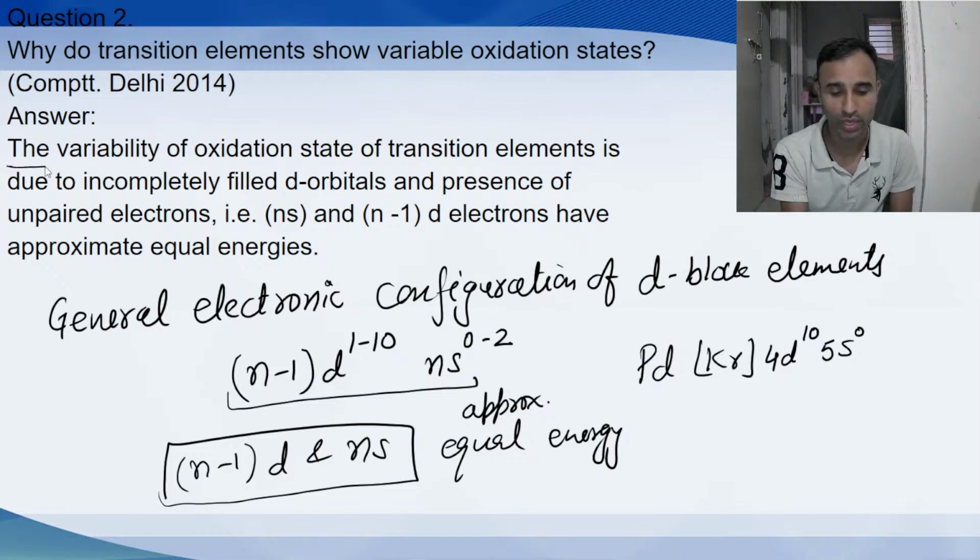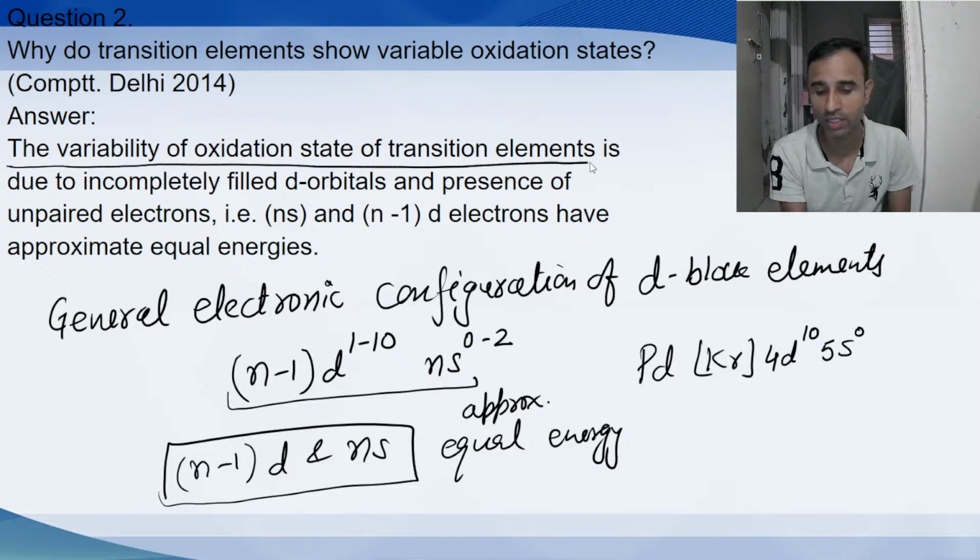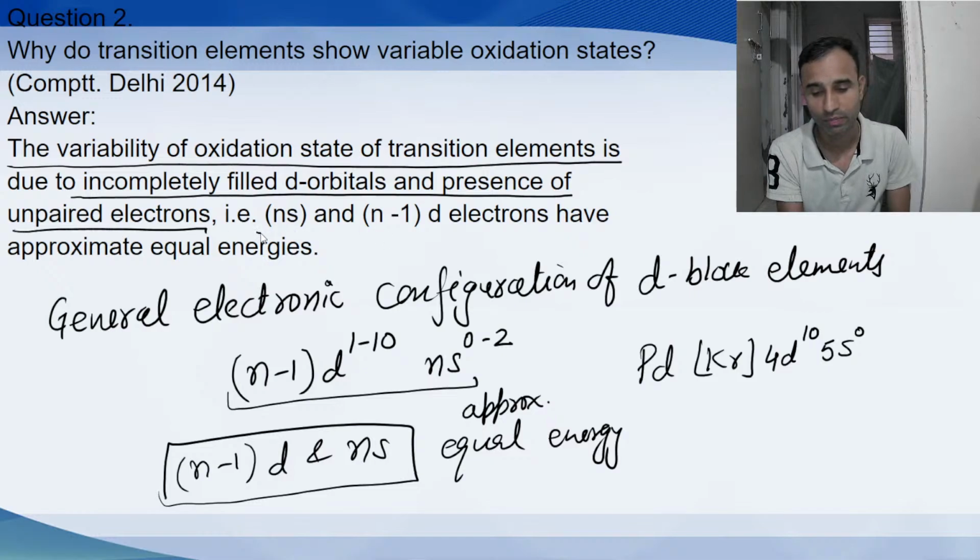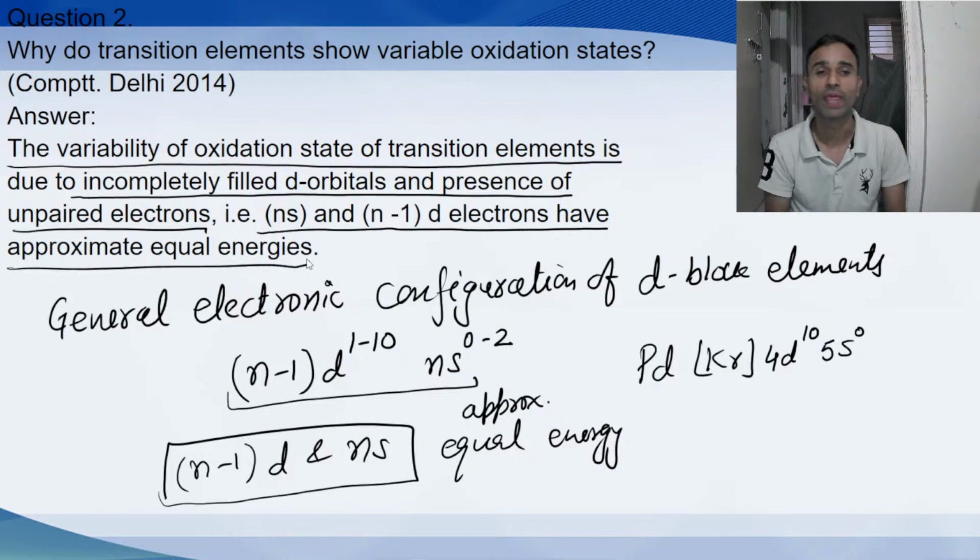So the variability of oxidation state of transition elements is due to incompletely filled d orbitals and presence of unpaired electrons. ns and (n-1)d electrons have approximately equal energy, and both will participate in bonding.